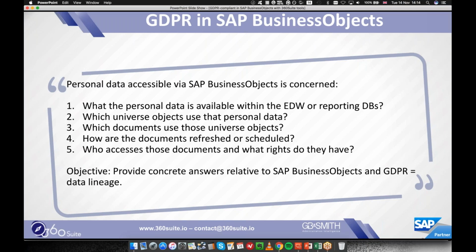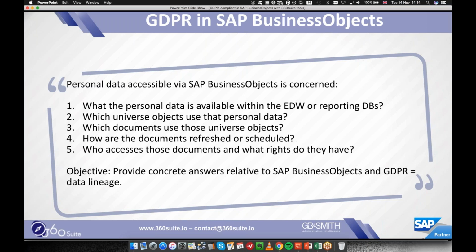And thirdly, as a follow-on to what objects in the universe use personal data, what documents use those universe objects that contain personal data? Fourth, for those documents that contain personal data, how are they refreshed? Are they scheduled? What is the interaction with those documents internally? Are you able to tell?